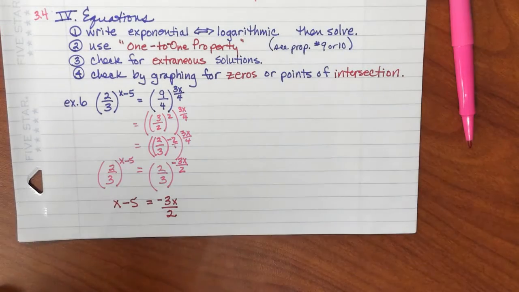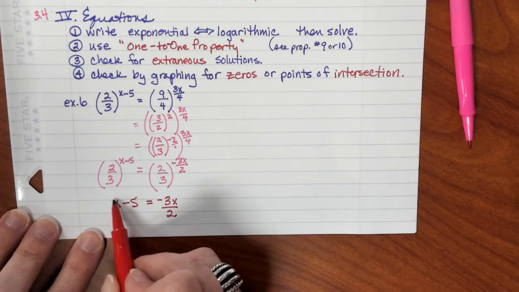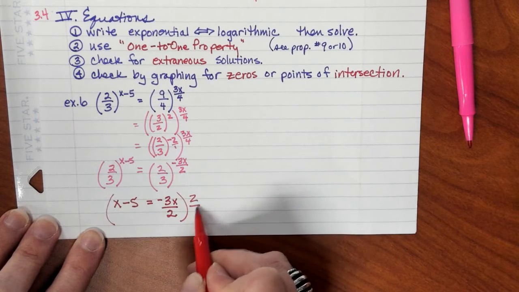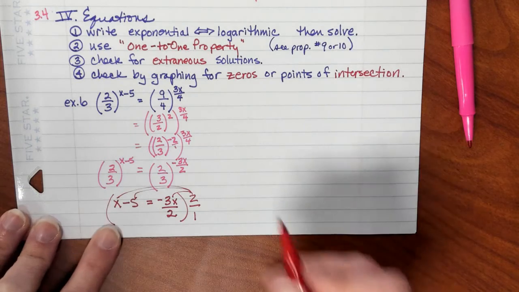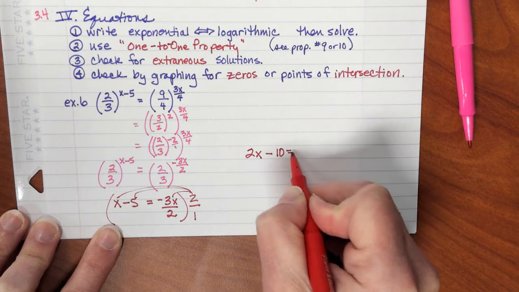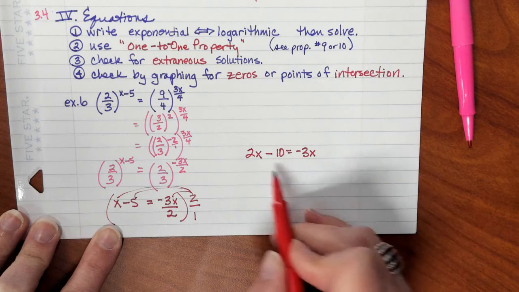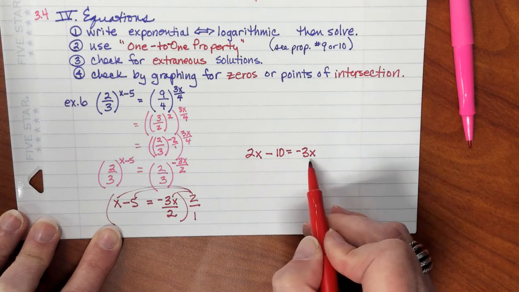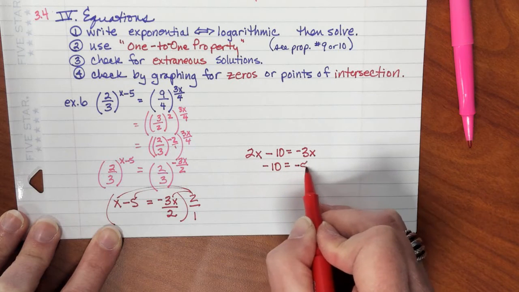I want x, so I'm going to take both sides times 2. There are a couple different ways you can do this. I'm going to multiply both sides by 2 so that when I distribute to all terms here, I have 2x minus 10 equals -3x, and I can combine my x's like terms, adding 3x to both sides, so I have -10 equals -5x.